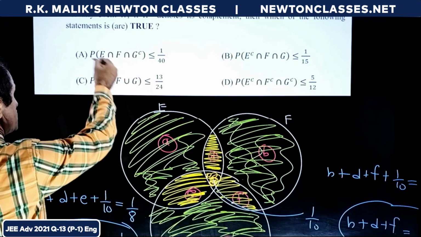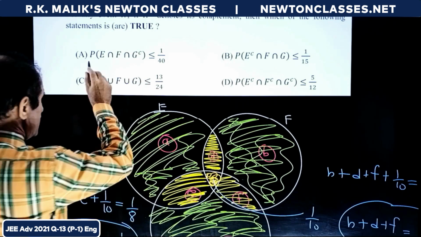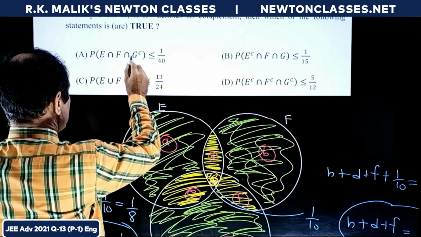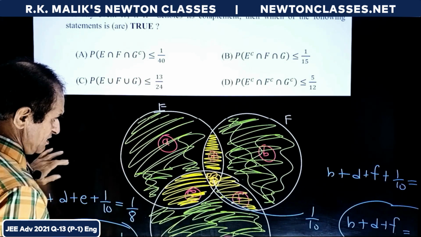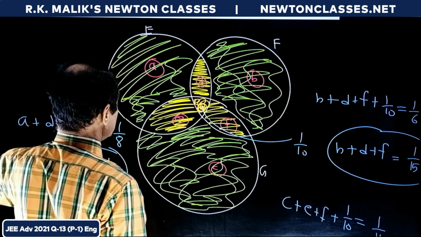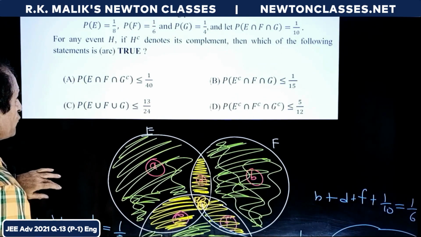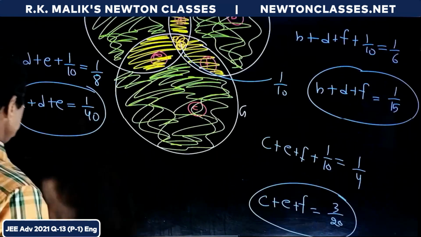And the probability of this means the portion in E and F and outside G, that is D. We have to find whether D less than or equal to 1 by 40 is true or false.